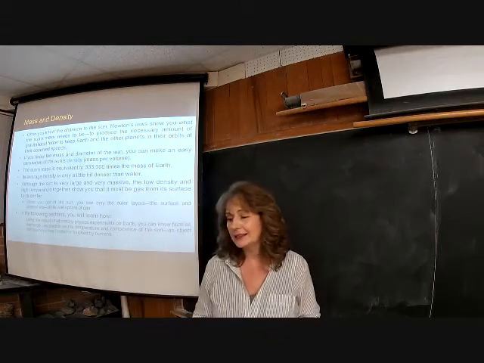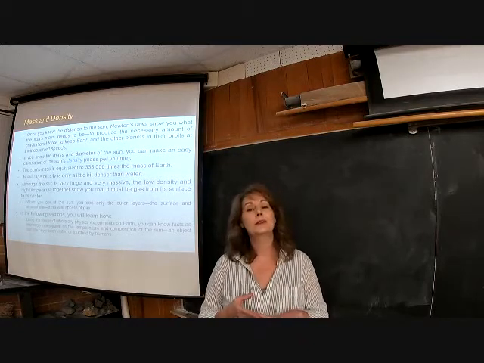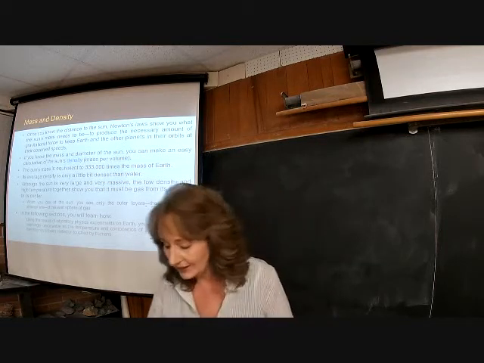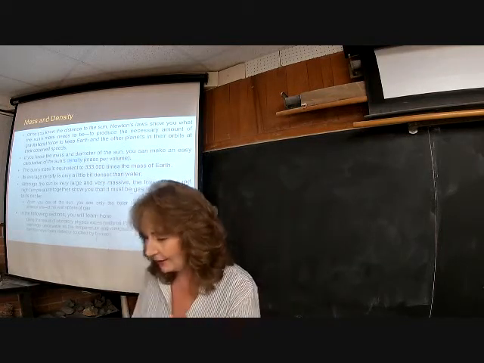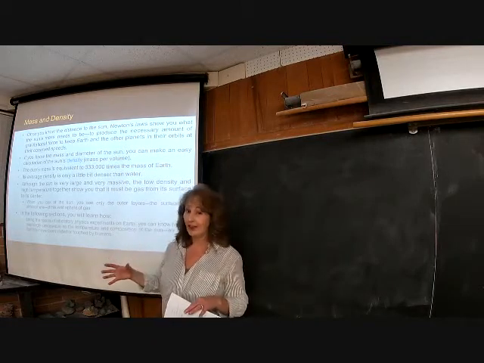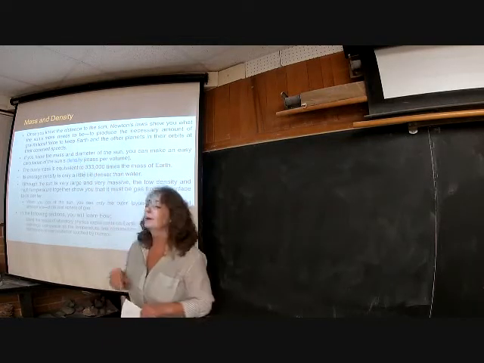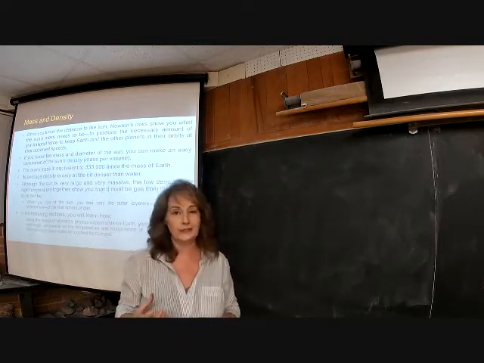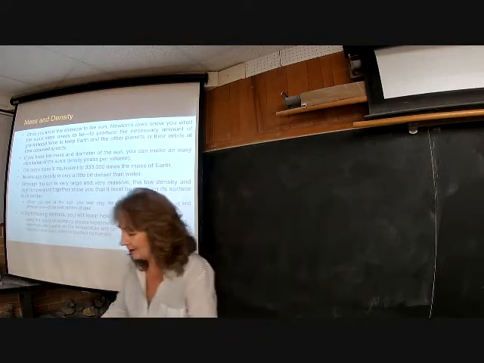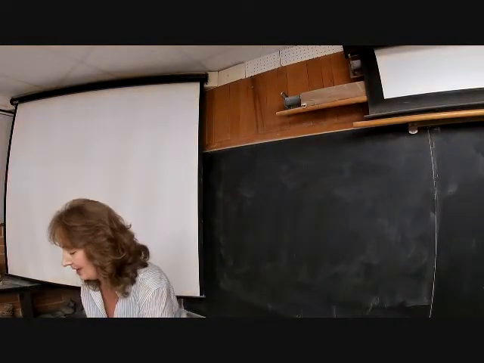But getting at the density, you'll need the mass of the sun and you need its diameter in order to calculate density. So I want to run this through for you. Not that you're going to be calculating any of this, but density is mass per unit volume. That's a physical property of matter. And I've got here a list of some calculations on how we can arrive at that.